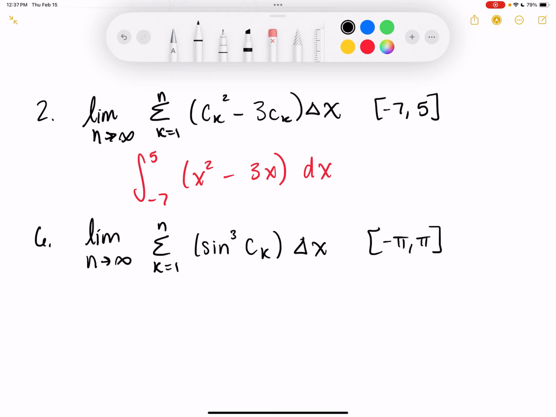We do the same thing. Yep. The integral from negative pi to pi, so negative pi on the bottom, pi on the top, of sine cubed of x dx.